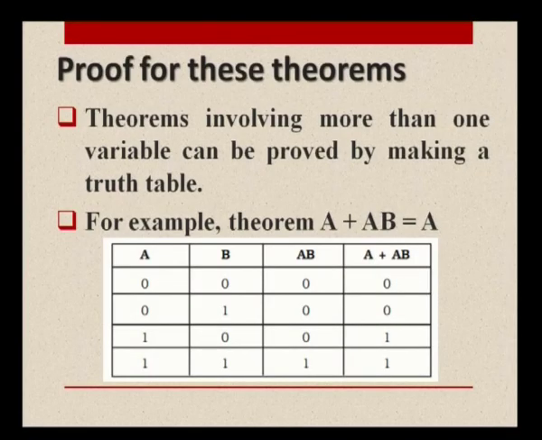Let us take a two variable expression. The theorem A plus AB is equal to A is also proved using a simple truth table here. We take A with all the possible combinational inputs and AB is taken. A plus AB is this one. This expression is compared with the A input, and both are the same.